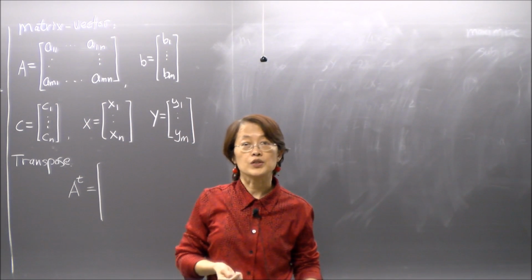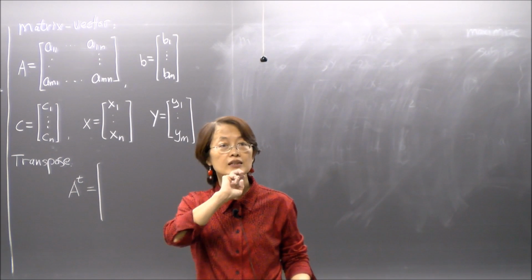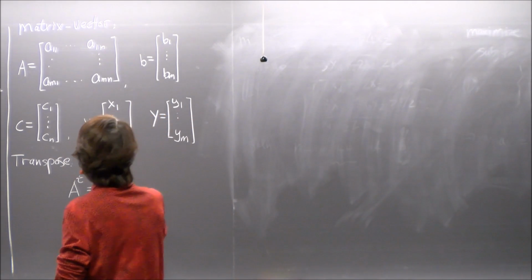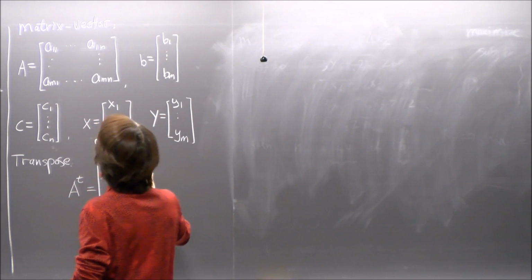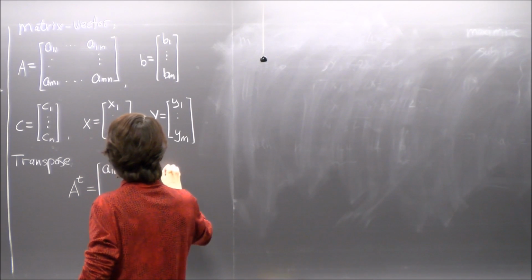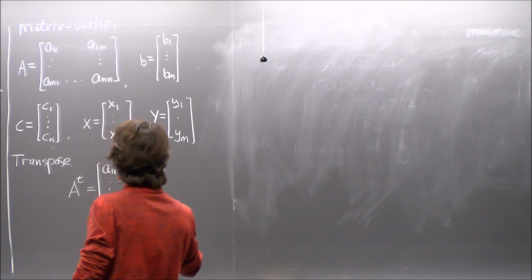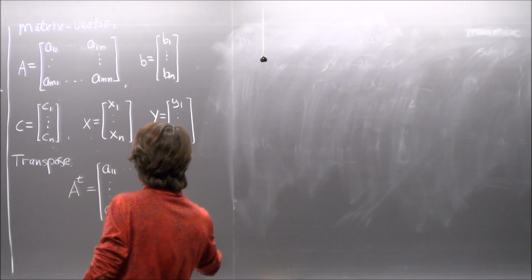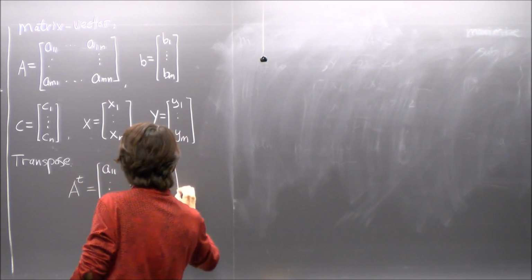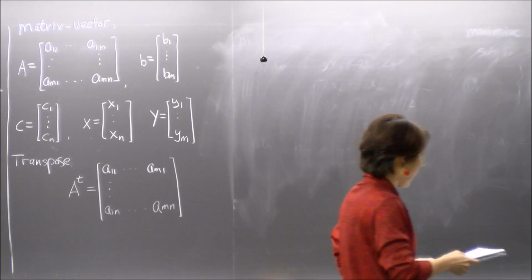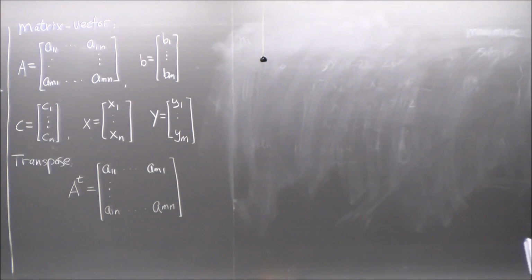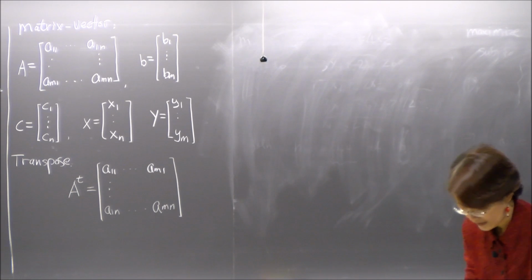It will be just switched, right? Are we all familiar with that? All right, so I will have A11 to An1, and going down, A1m to Amn. So this matrix will have n rows and m columns.